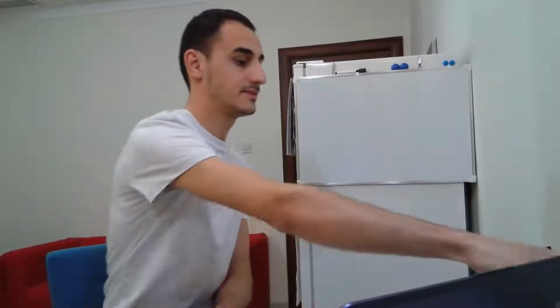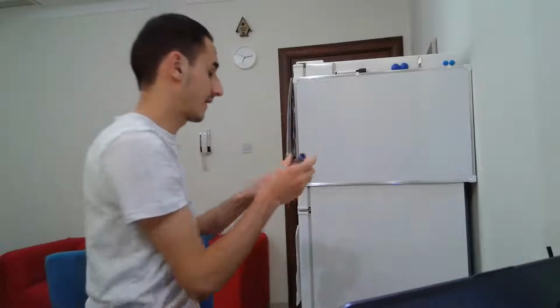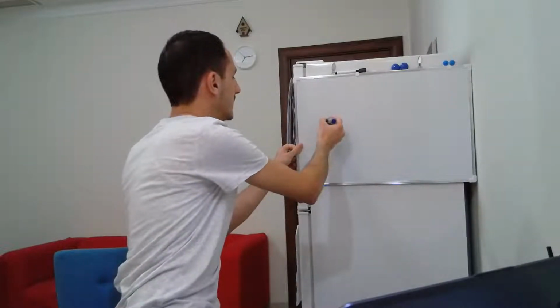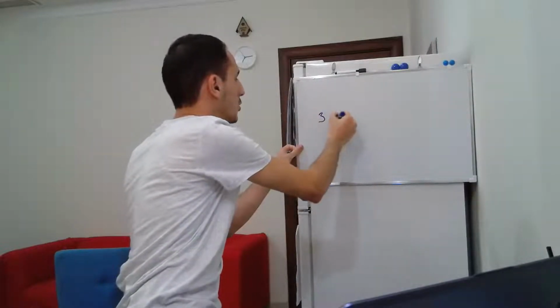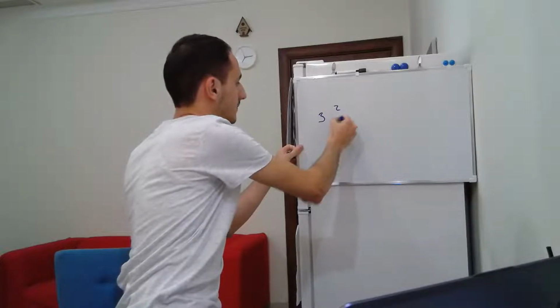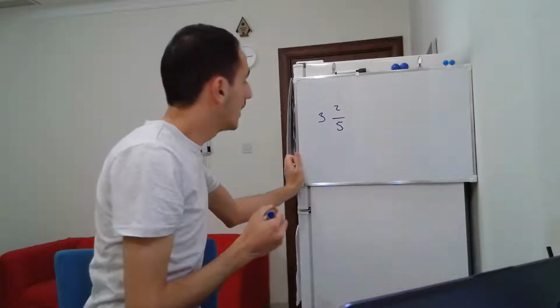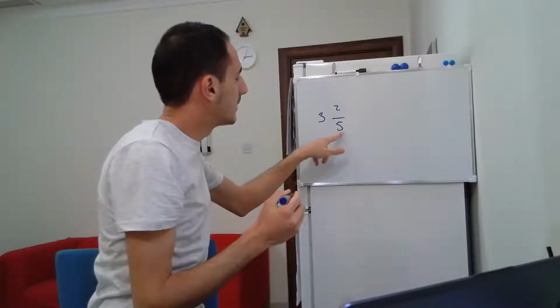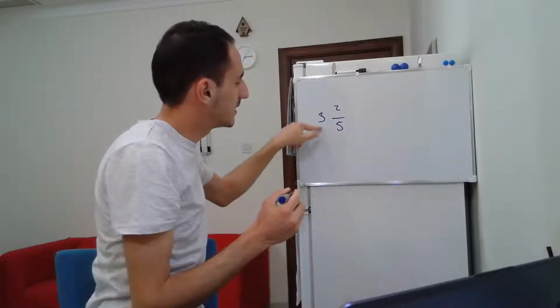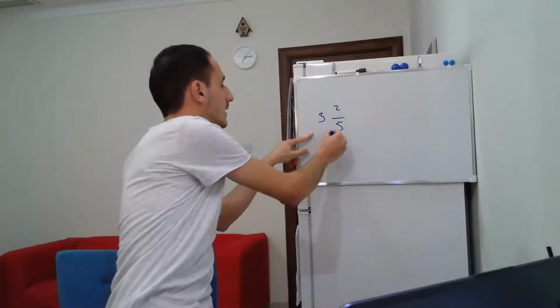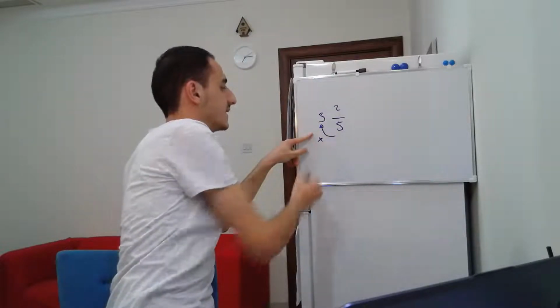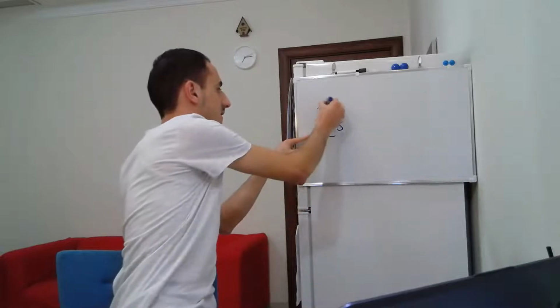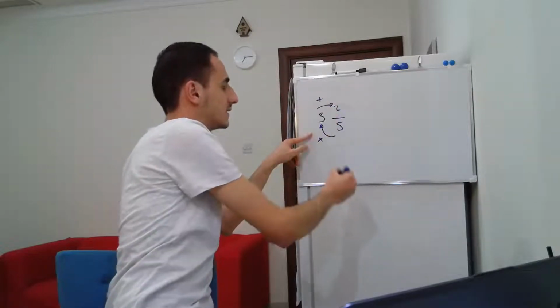Okay, mixed to improper. All right. For example, let's say we have a mixed number. Let's say 3 whole, 2 out of 5. How do we convert it into an improper fraction? We multiply the bottom number, the denominator, by the whole part, 3 times 5, and we add the top number, the numerator.